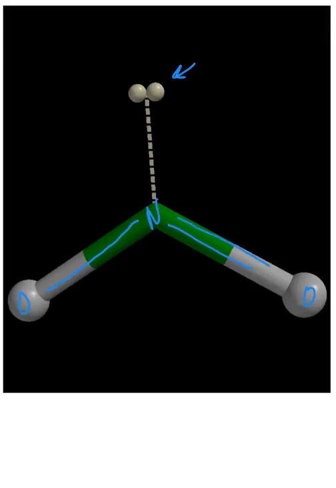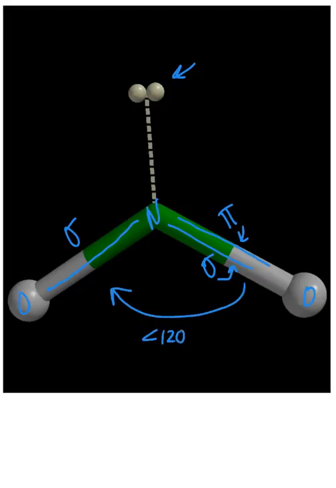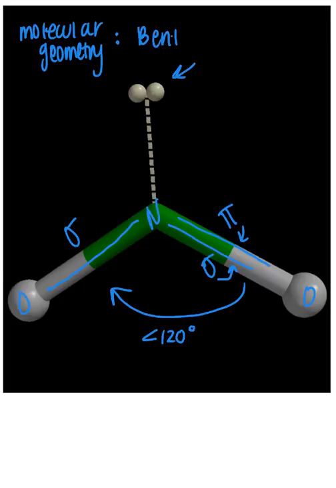So the single bond right here will represent a sigma bond, another sigma bond for the first bond right here, and then a pi bond for the second. Again, this is going to be a bond angle of less than 120 degrees. Our molecular geometry is going to be the bent shape, but our electron geometry is going to be trigonal planar.